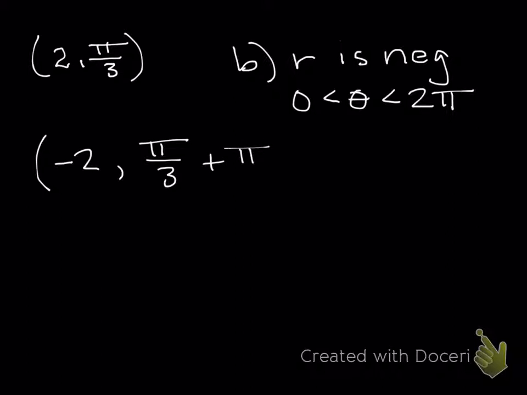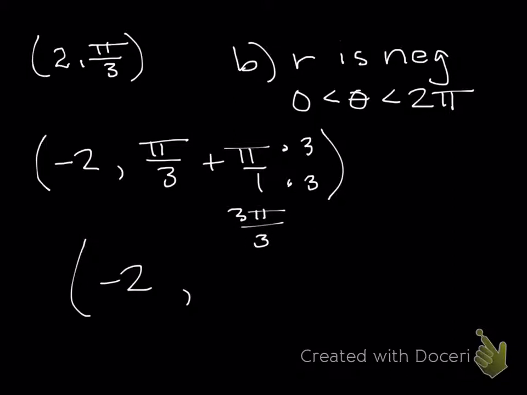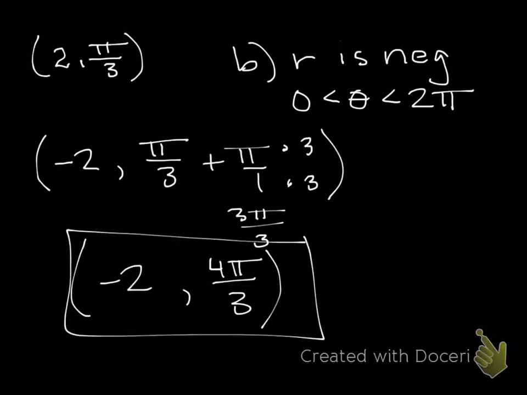Now in order to add pi, again, we need a common denominator, so I'd multiply by 3. So my coordinate would become negative 2, and this would be 3 pi over 3. So when I add 1 pi over 3, we get 4 pi over 3. So if I were to graph this, I would be in the exact same spot.